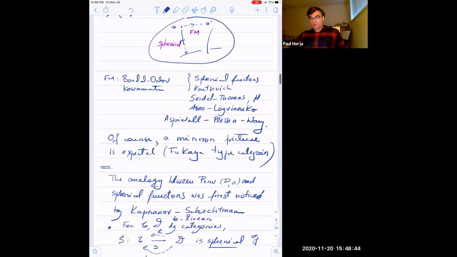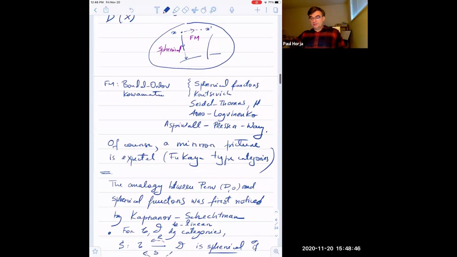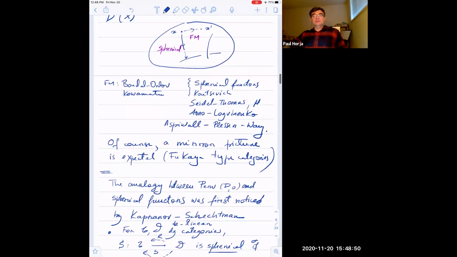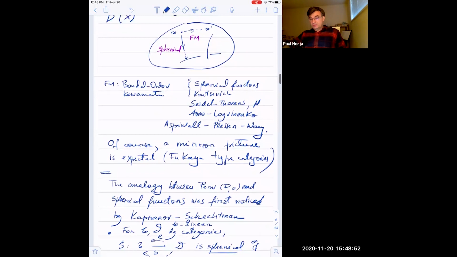So the Fourier-Mukai functor I already mentioned. This is the work of Bondal, Orlov, Kawamata. The spherical functor story goes back to this famous talk by Kontsevich, and the paper of Seidel and Thomas. In fact, the ones that show up in this geometric picture are the type that I called easy spherical functors. And this story has been formalized in a nice way in a series of papers by Anno and Logvinenko.